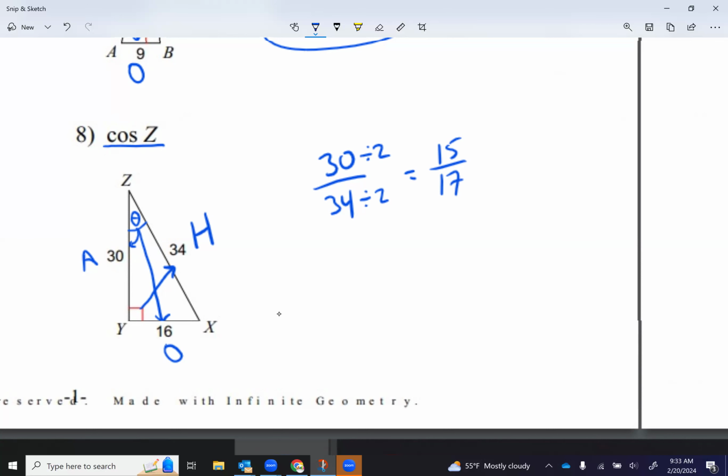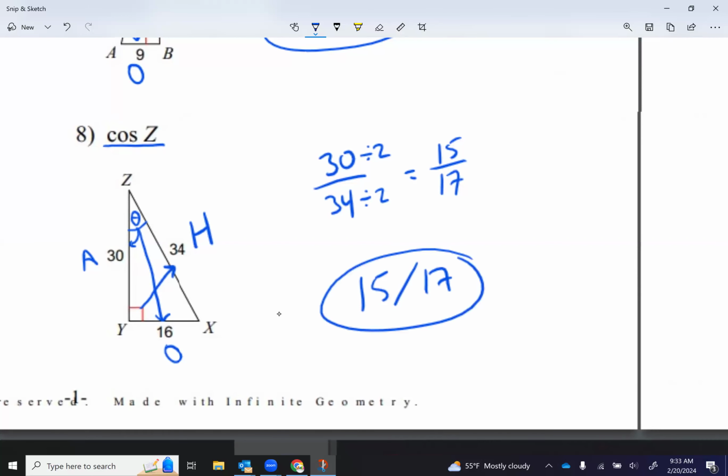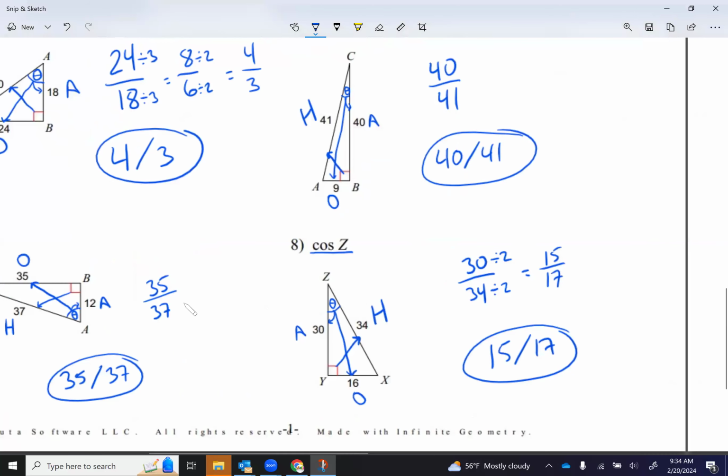So it seems like I cannot simplify more. So I'm going to call this 15 over 17. Notice I typed it in. I'm writing it the way you guys are going to type it. I wrote it as 15 backslash 17. Let me zoom out so you guys can see what we did today. It's right there.